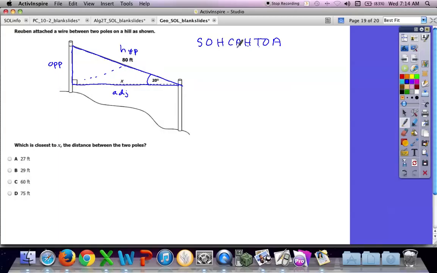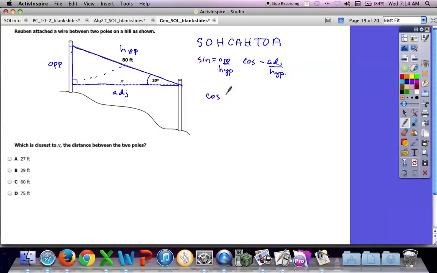So the adjacent... this says sine equals opposite over hypotenuse. Cosine equals adjacent over hypotenuse. That's the one that we need. So we're going to fill it in like this.